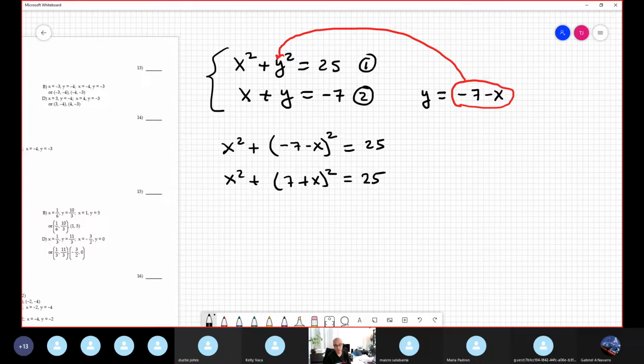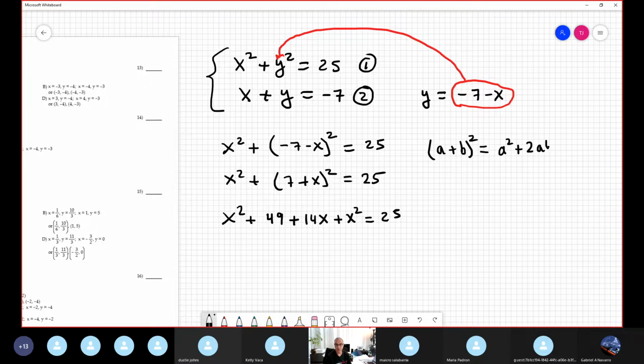Okay, you expand now. x squared plus 7 squared gets 49, plus 14x, where 14 comes from 7 times x times 2, plus x squared equals 25. Everyone follow me? Let me recall something: a plus b squared is equal to a squared plus twice ab plus b squared.